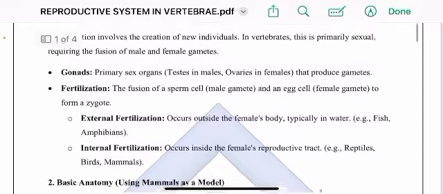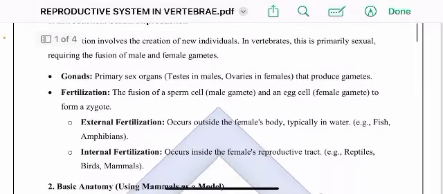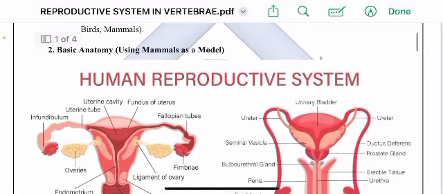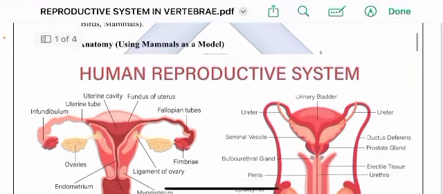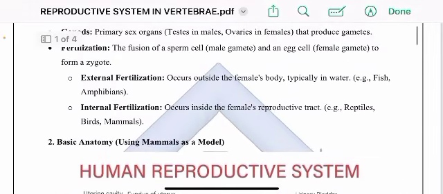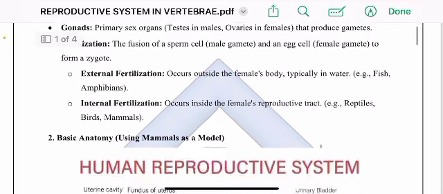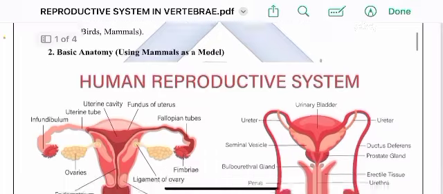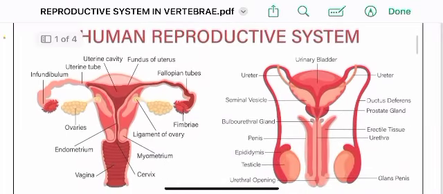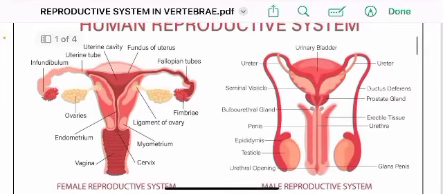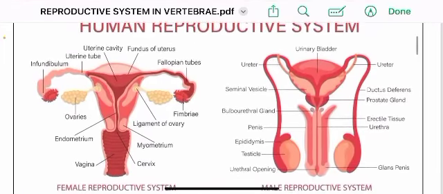Now we've learned these terminologies. Now we need to understand the organs that produce these gametes, these cells, and undergo fertilization. For example, we use the human reproductive system to explain this.